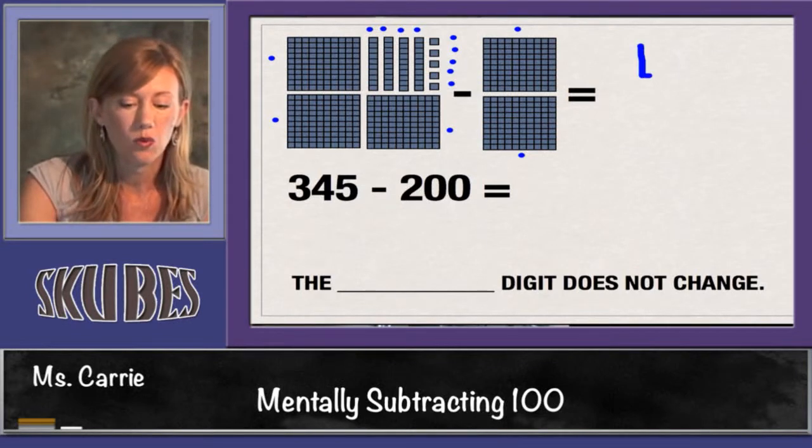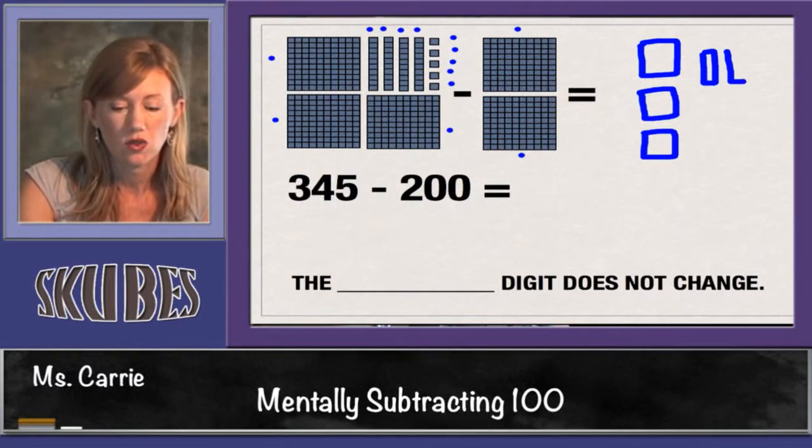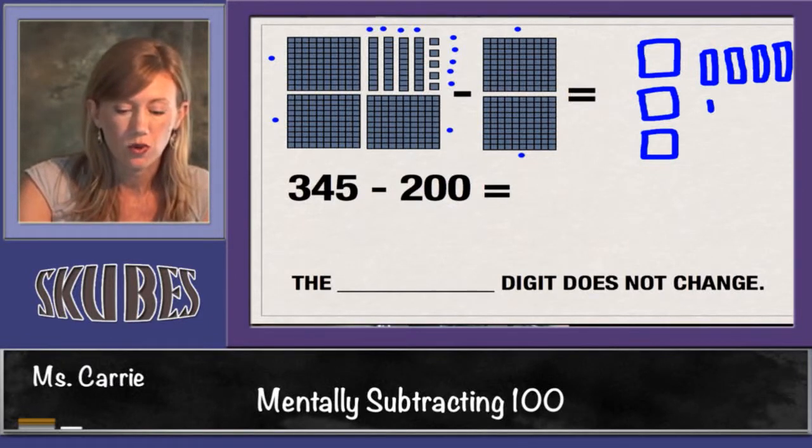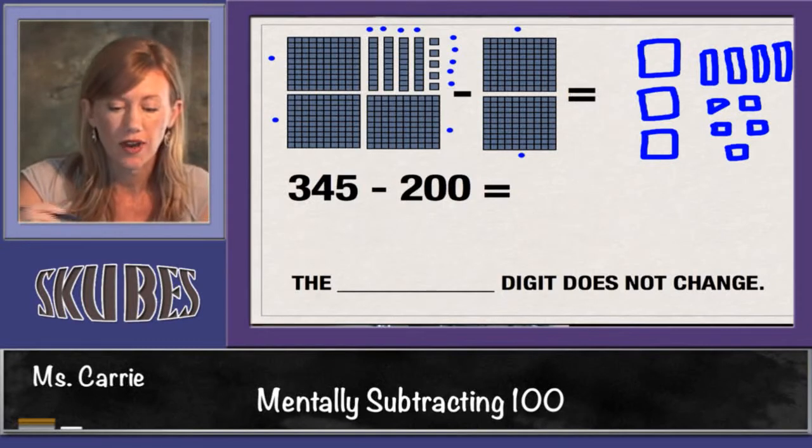We said we had 100, 200, 300, 310, 320, 330, 340, 341, 342, 343, 344, 345.